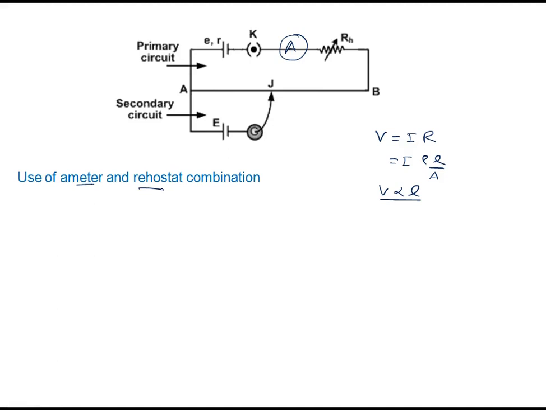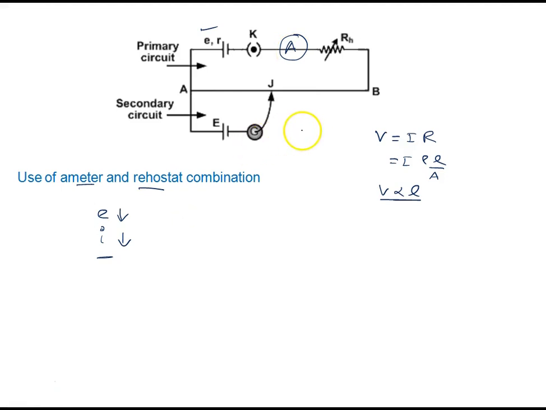The reason is that when you use the driver cell, after some time its potential decreases. Suppose its E is decreasing after some time. When E is decreasing, of course the current will also decrease in the circuit. So when the current decreases, the ammeter reading will decrease.